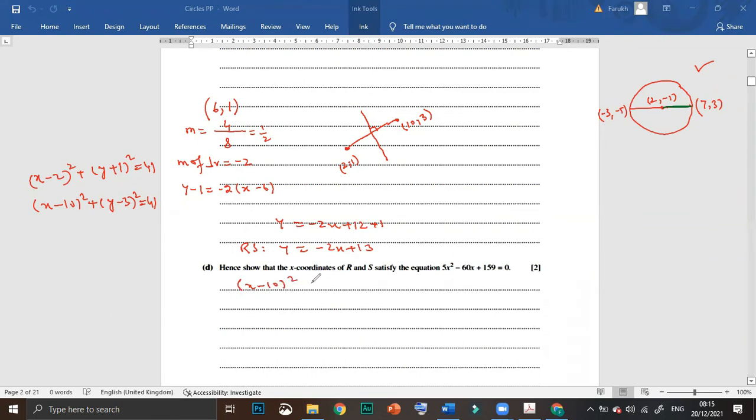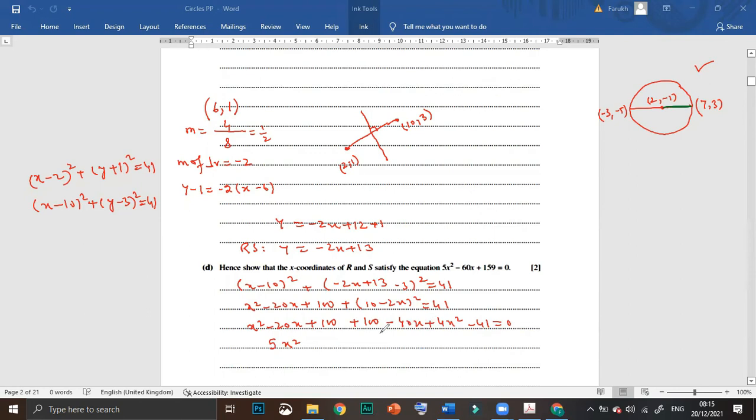(x minus 10) whole square plus (minus 2x plus 13 minus 3) whole square is equal to 41. x square minus 20x plus 100 plus (10 minus 2x) whole square is equal to 41. x square minus 20x plus 100 plus 100 minus 40x plus 4x square minus 41 is equal to 0.